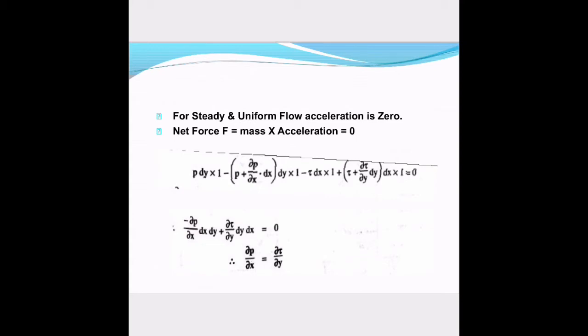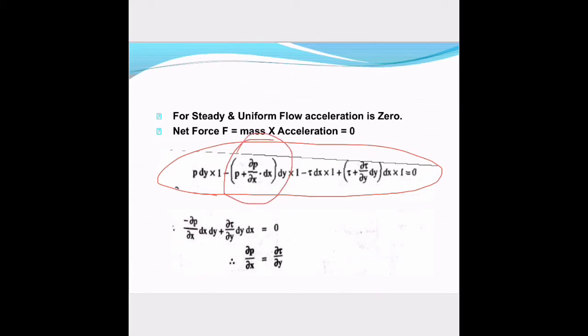Why is it minus? Because this force is acting opposite to the direction of flow. P plus del P by dx into dx, whole into del y into 1, minus tau into del x into 1, plus tau plus del tau by del y into del x into 1, equal to 0. Okay, so the negative sign indicates that the direction is opposite to the direction of flow.